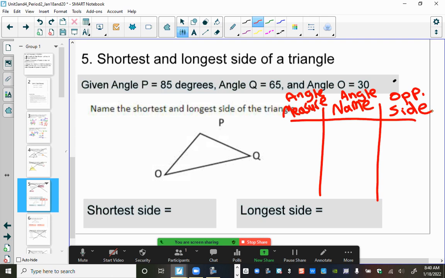All right, what are the three numbers? We're going to go from least or smallest to greatest or largest on the bottom. So what three numbers do we have here? Who can tell us what three numbers? Look on the top row. Okay, so is 85 the smallest, the medium, or the largest? Okay, so we're going to put 85 on the bottom.